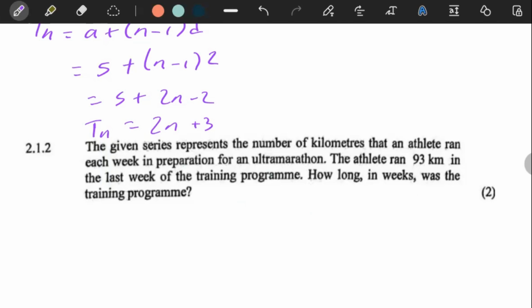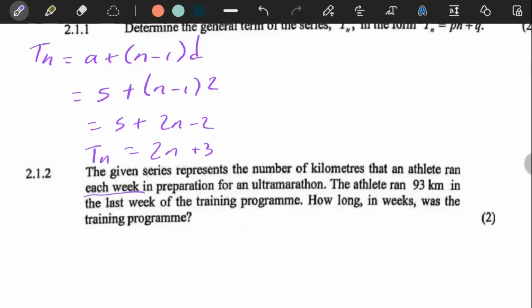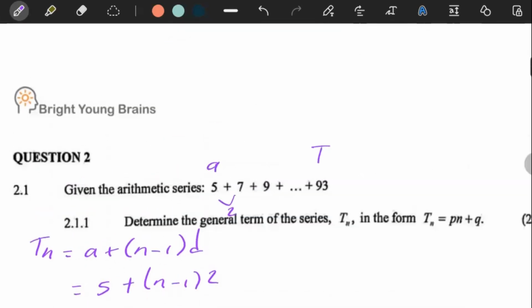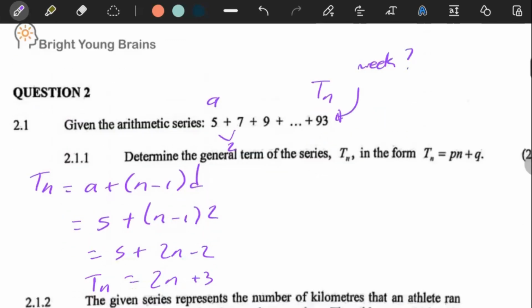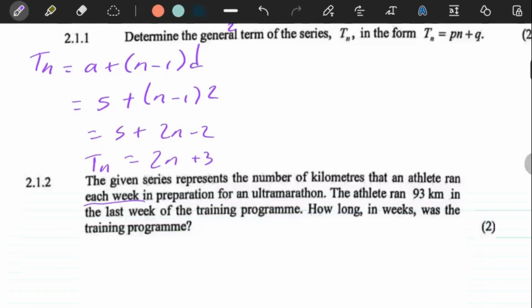Okay, so it is a 2 mark question, so we can expect it to be straightforward as well. So this is the number of kilometers he ran each week, right? So if we find out the number of terms in the series here, then we'll find out which week it was when he ran 93.